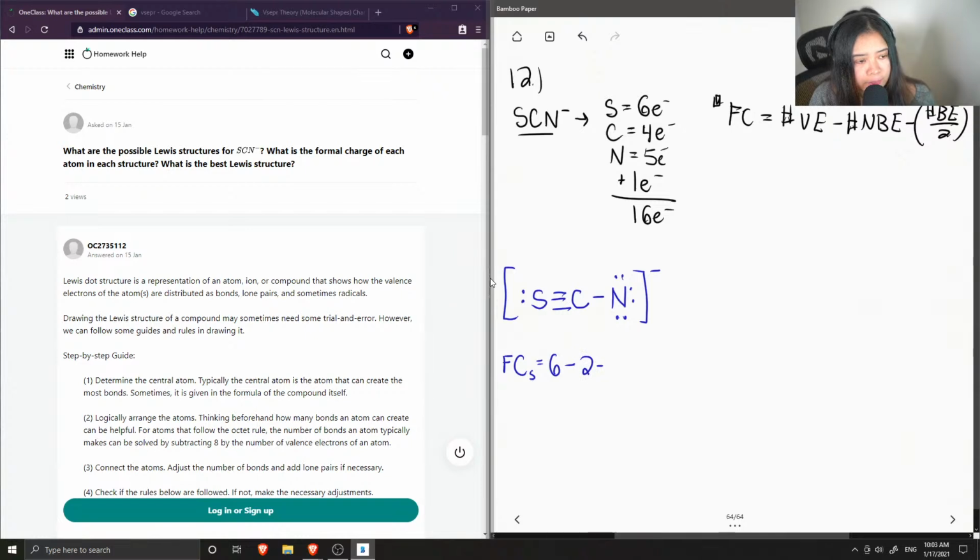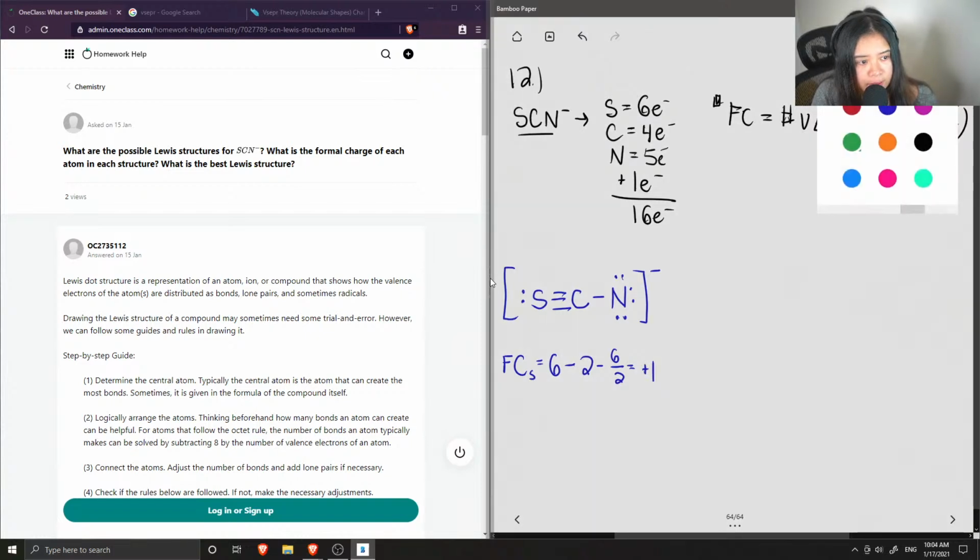And there are 3 bonds to the sulfur, so there are 6 bonded electrons divided by 2. So 6 minus 2 minus 3 gives us +1. So we know that this sulfur contains +1 formal charge.